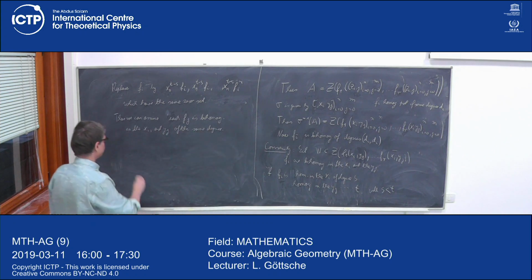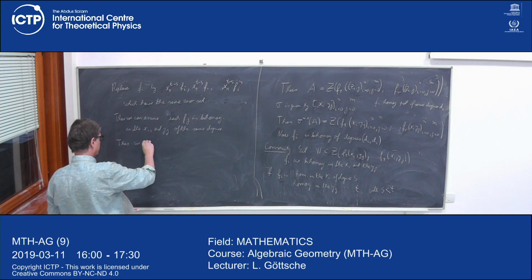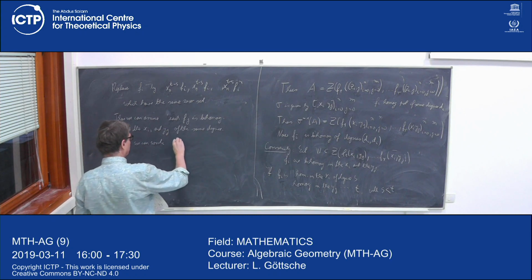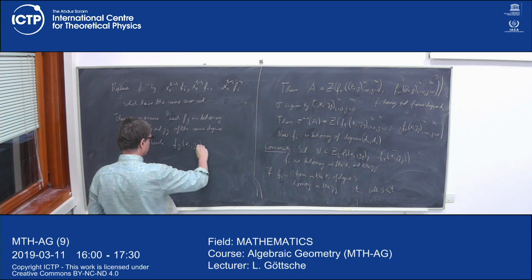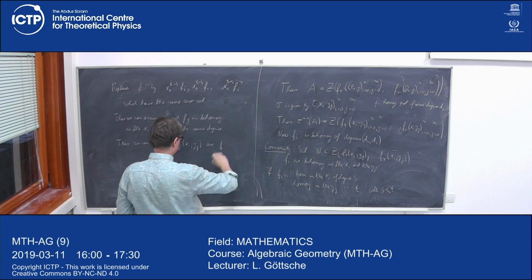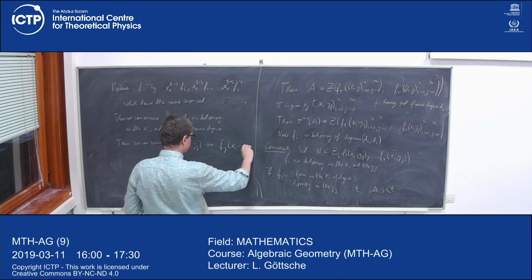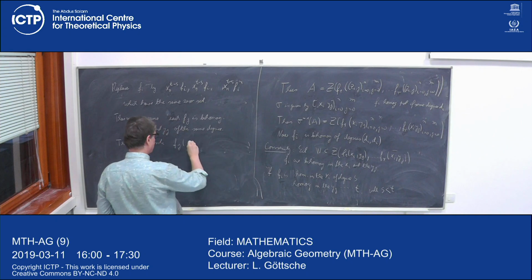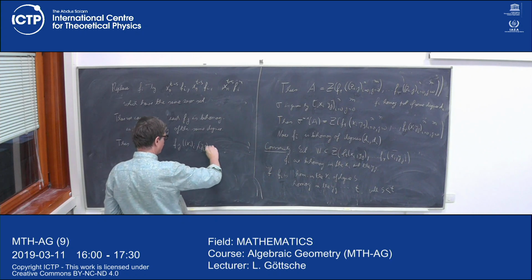So thus you can write fj of xi, yj as f j tilde of xi times yj, for all possible i's and j's.